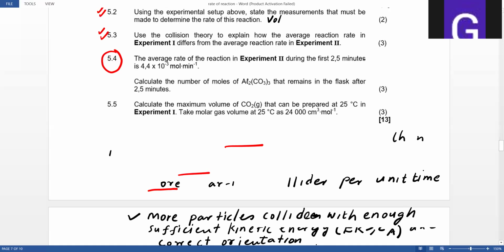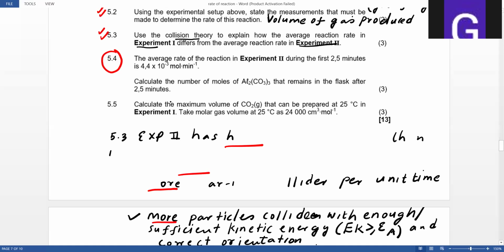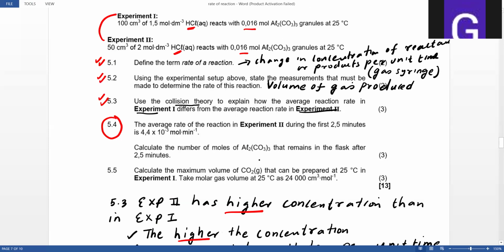So the question says, calculate the number of moles of aluminium carbonate that remain. Actually, we want the number of moles that are unreacted, that remain in the flask after 2.5 minutes, but for aluminium carbonate.